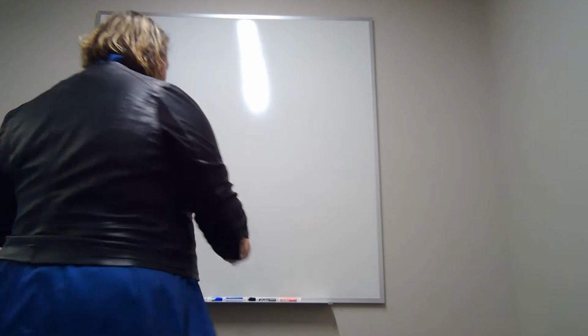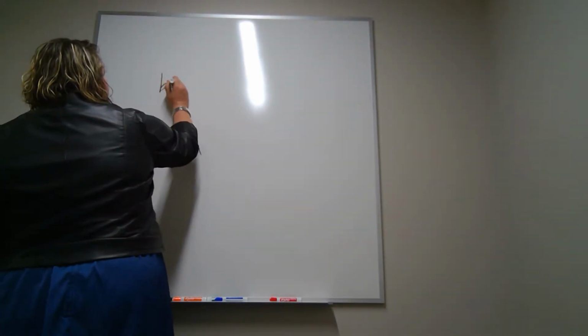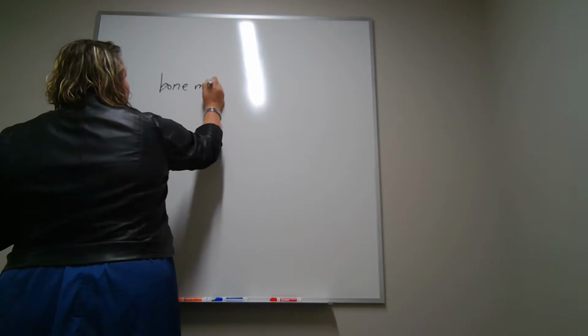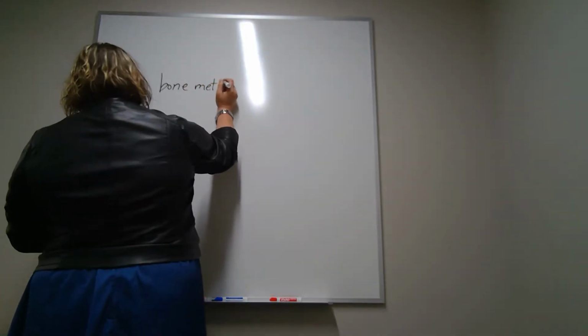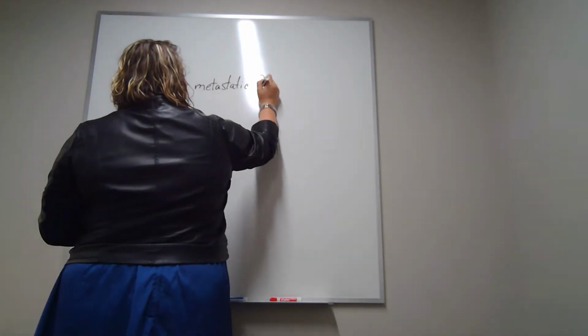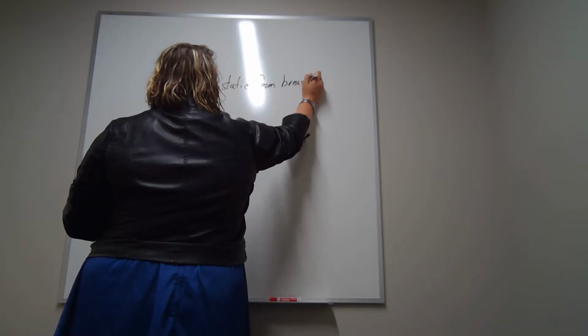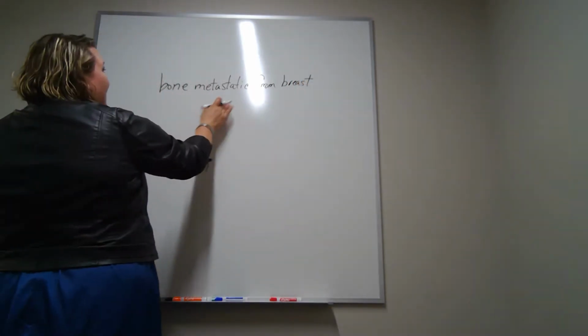So, for example, when you're coding the bone metastatic from breast, I'm going to write this down real quick. So you have bone. Okay, so the bone metastatic from breast.